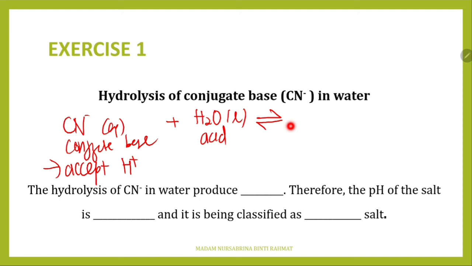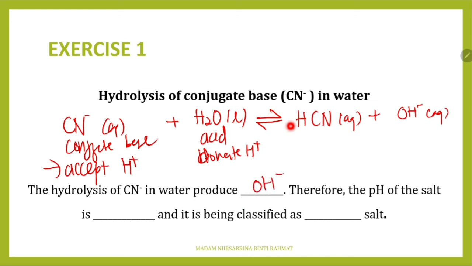So CN negative will accept that H plus to become HCN, with no charge because plus 1 meets negative 1, so it becomes 0. And your water molecule acts as an acid which donates H plus according to the Bronsted-Lowry definition again. Since it donates, it becomes OH negative ion.